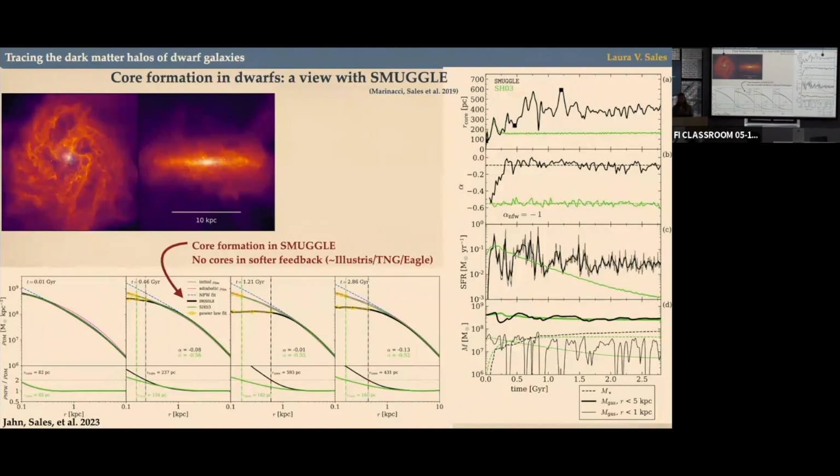So I simplified the parameterization of this a little bit. Really, the burstiness is not what matters, but what I think Jan is getting at is that you need the gas to be locally dominant in your potential. It just happens to correlate with when that happens that you get these variations in star formation rates.